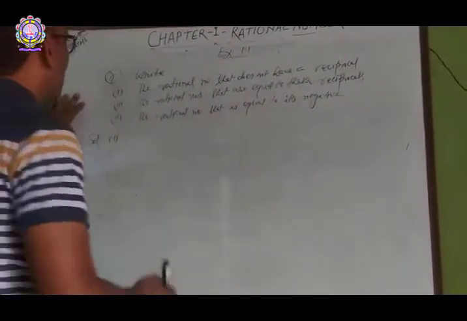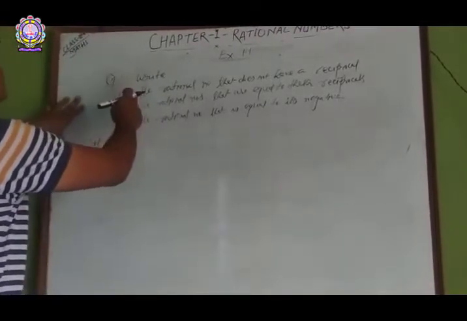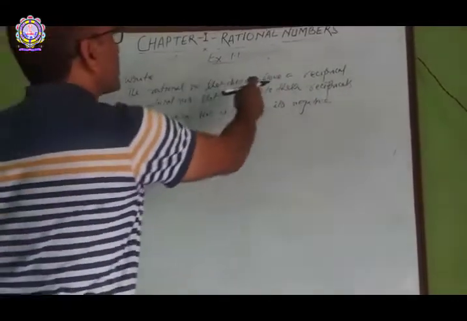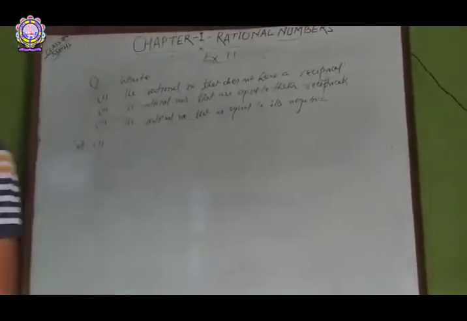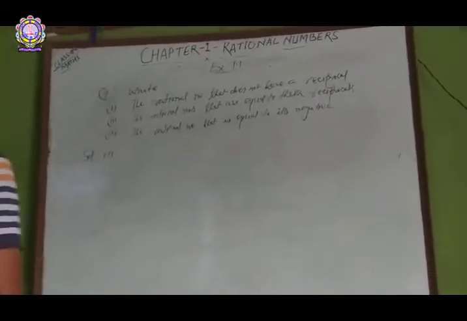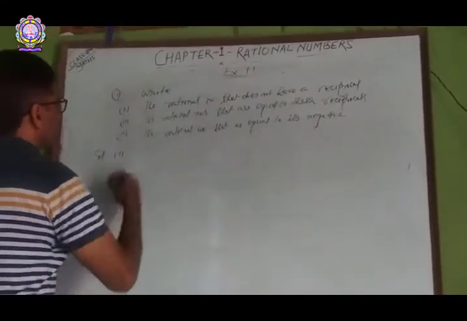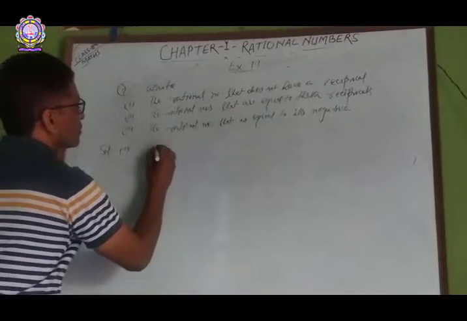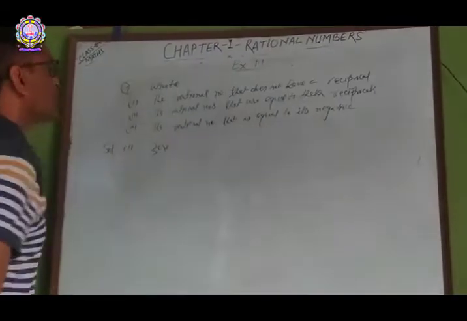Now we will solve these questions. Part first is the rational number that does not have a reciprocal. Answer is 0.